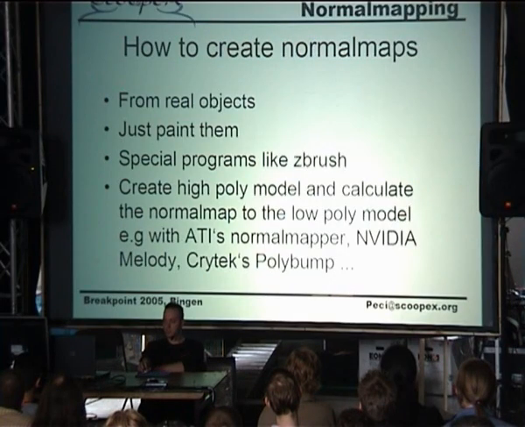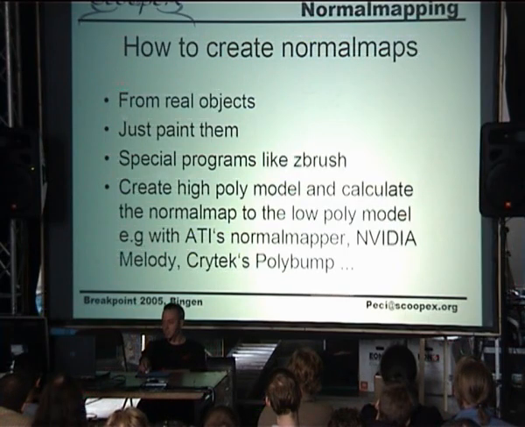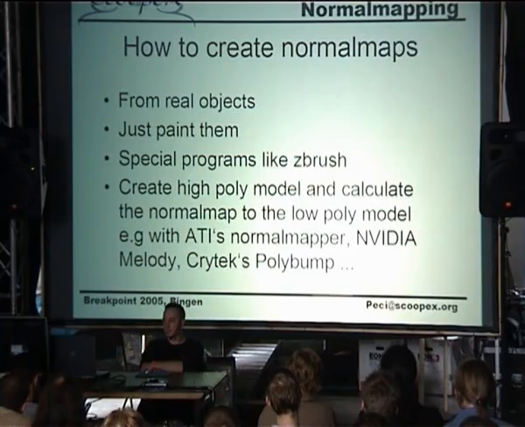There are several tools doing this. For example, the ATI Normal Mapper. This is the one I'm using, because you can download the source code, look at how they do it, and patch some things. There's the NVIDIA Melody and also the Crytek PolyBump, and I'm sure there are even more.